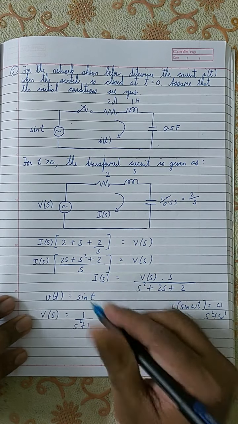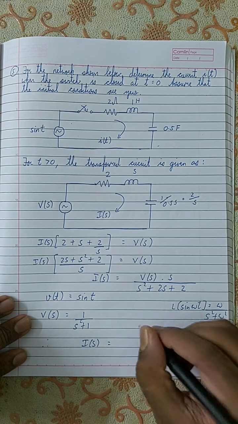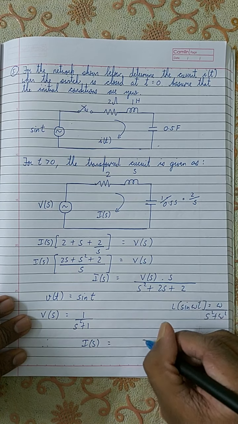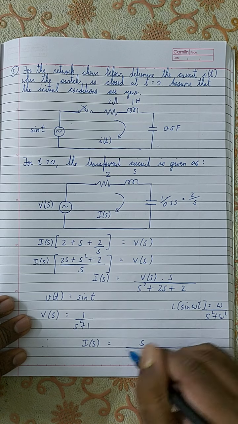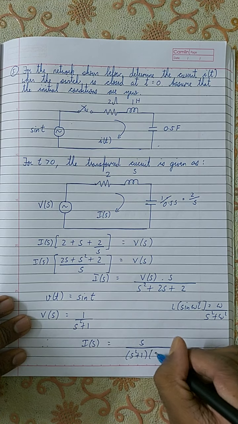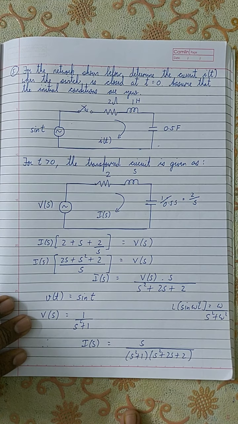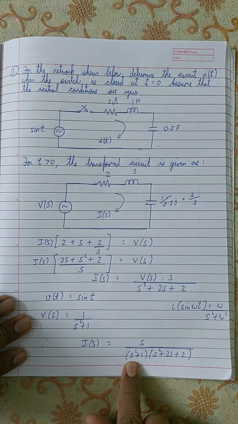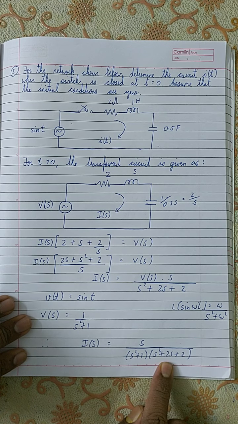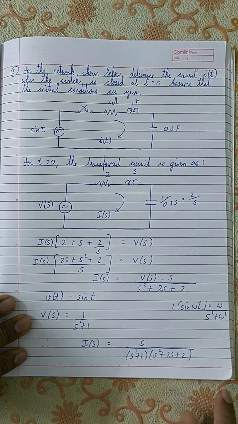So you will get I of s is equal to 1 into s, which is s, by (s square plus 1) into (s square plus 2s plus 2). We can't factorize these, which means these two are the factors themselves.